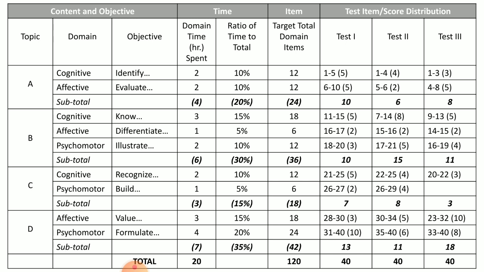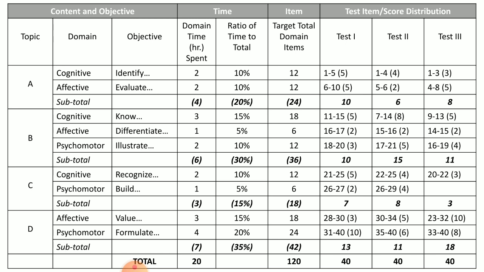So under topic A, cognitive, we have 12 items. So make sure that the item distribution or item placement or the total items must jive with the target total domain items. For example, topic A, cognitive, test 1, we have items 1 to 5. So that is 5 items. Then test 2, we have items 1 to 4, that is 4 items.